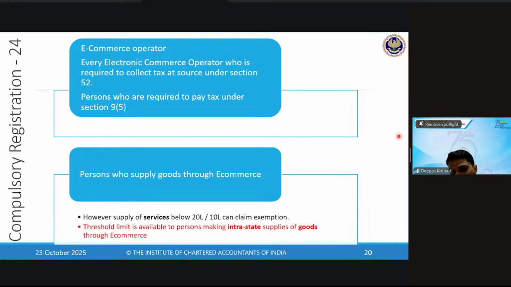Means if an e-commerce supplier supplies goods, then after the limit they have to take GST registration. Correct. Yes, compulsory registration under section 24.